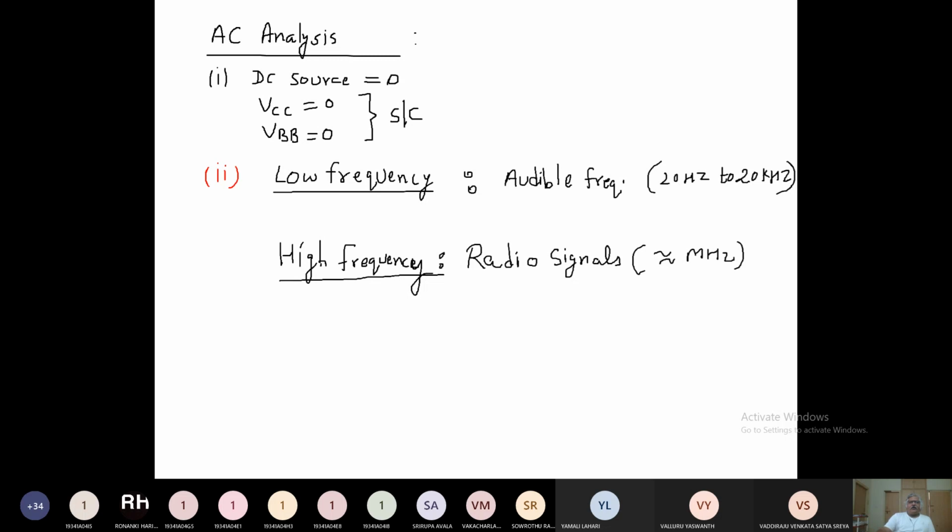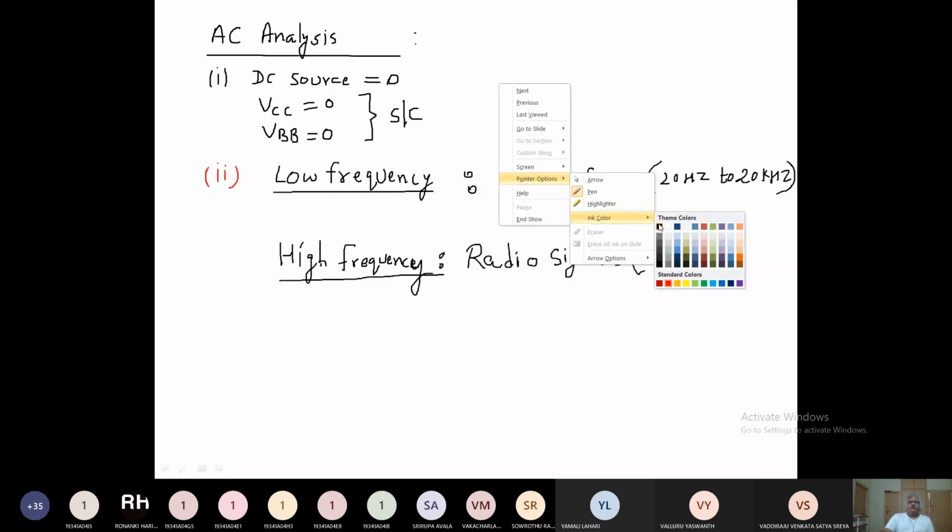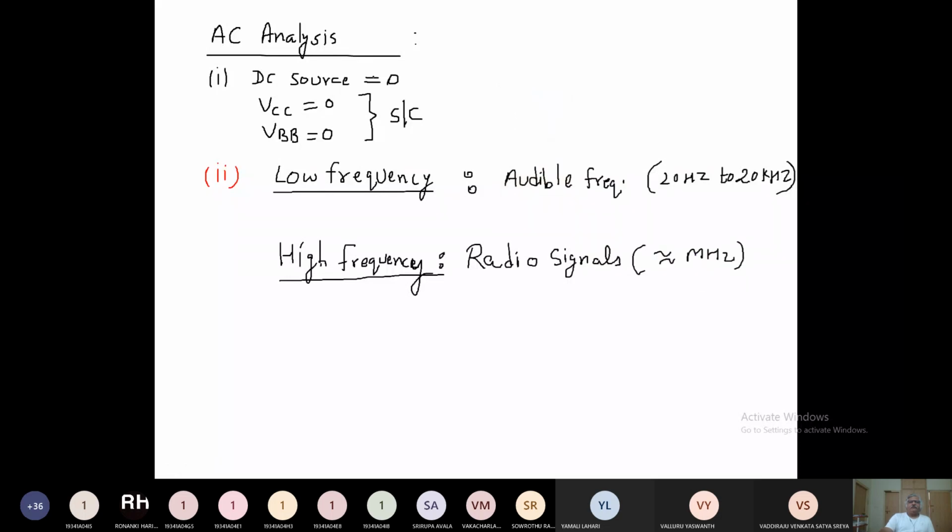Now, in case of the AC analysis, first point, we have to make the DC source 0. Making DC source 0 means we have to connect the DC source to the ground or short circuit.